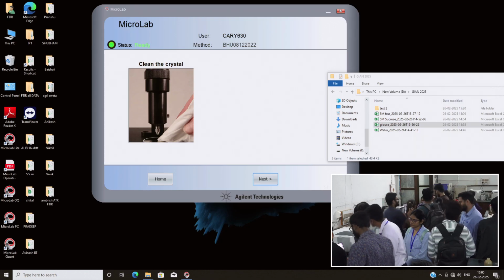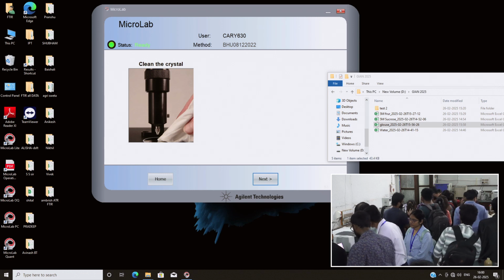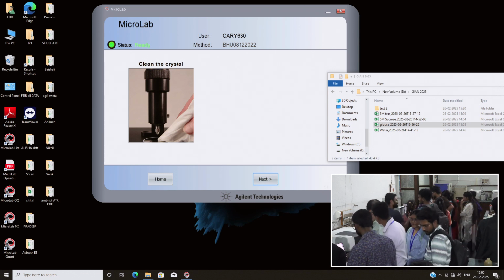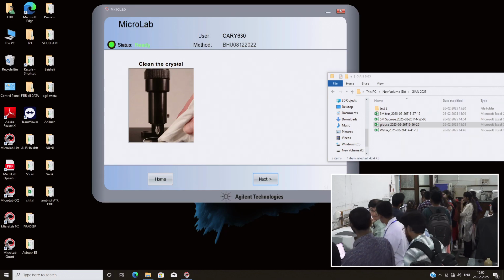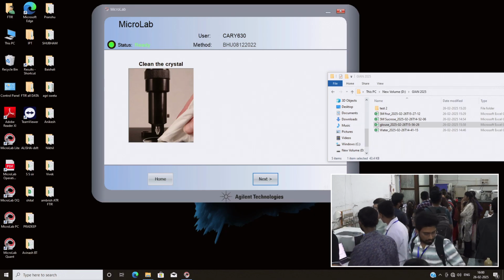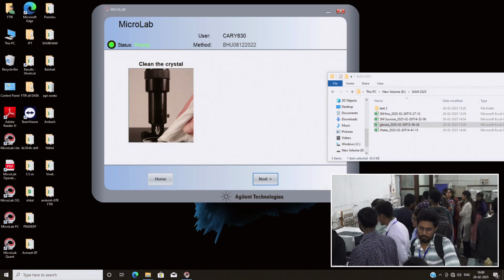Can we detect the R and S isomer forms of fructose and glucose? Like normal IR, we can differentiate.